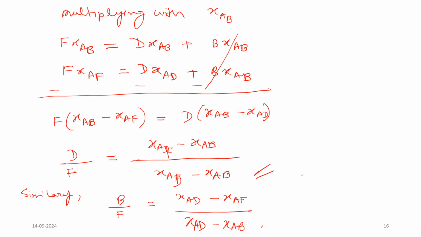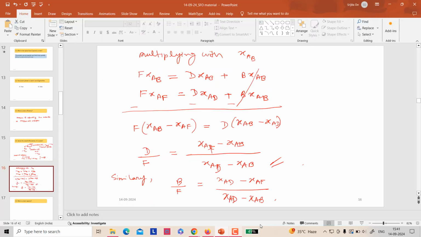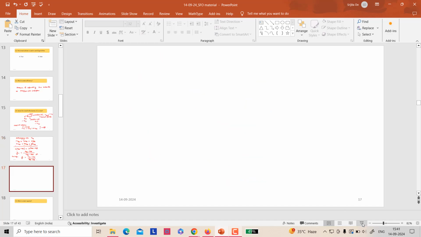Now, what will be the overall effectiveness? The overall effectiveness will depend on the material.